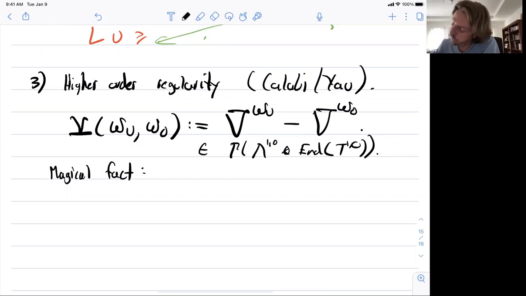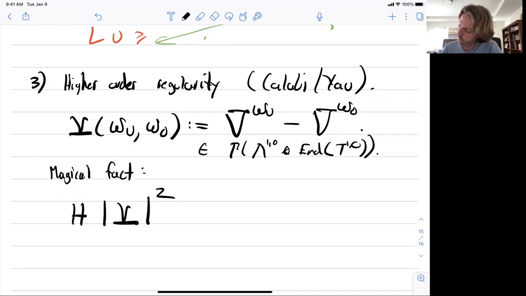So this certainly seems like a reasonable quantity to measure the third derivatives. And then on top of everything else, you want to take its norm with respect to the time-dependent metric. So you apply the heat operator to the magnitude of epsilon squared. Let me not write the omegas. And then I take its norm with respect to omega u.